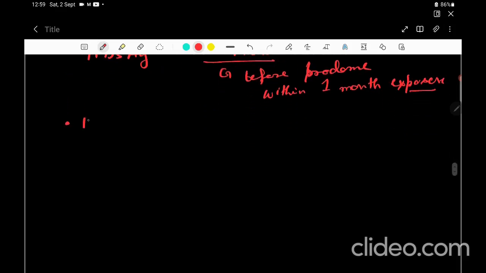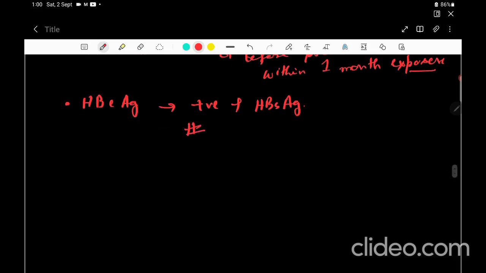Now HBeAg might be positive along with HBsAg. HBeAg, this is a point to remember.